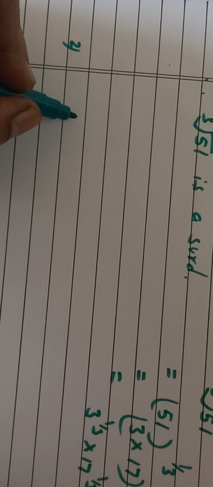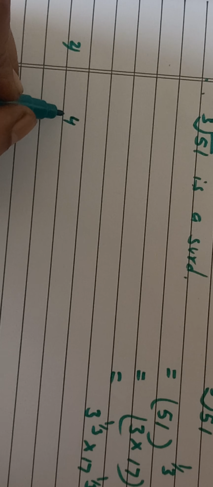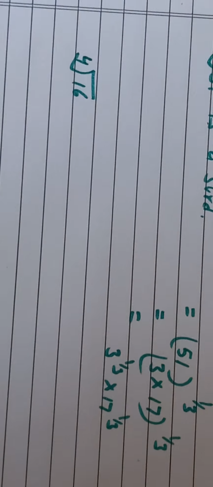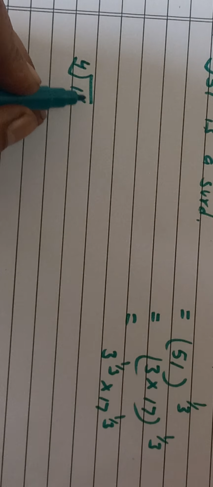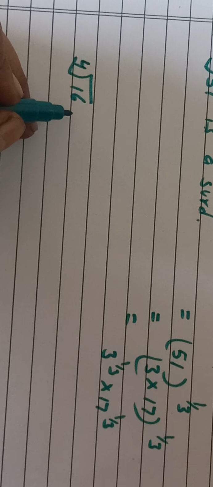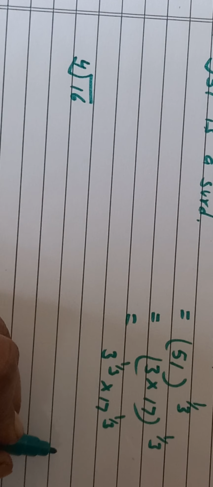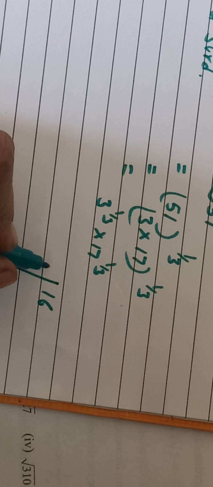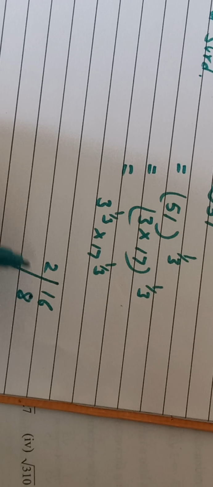Now for the 4th root of 16, what can we do? The method is, we need to write the prime factors of the radicand. This is a radicand, the nth root of a, I told you. So finding prime factors: 2 8s are 16, 2 4s are 8, 2 2s are 4, 2 1s are 2.